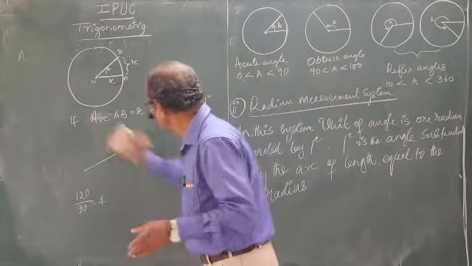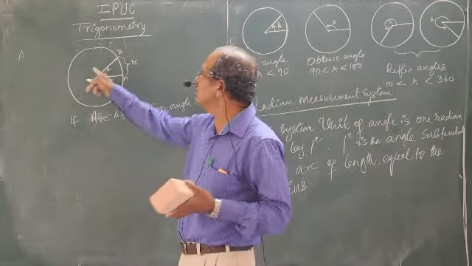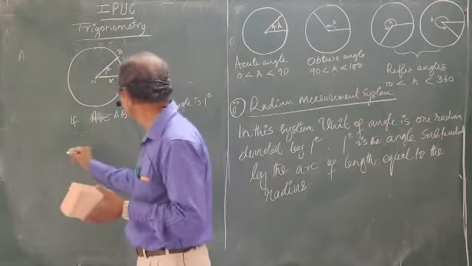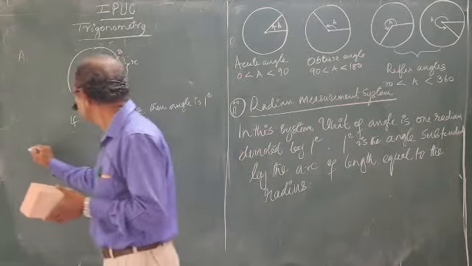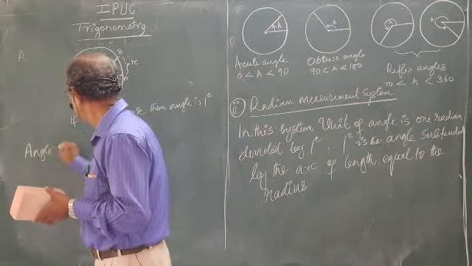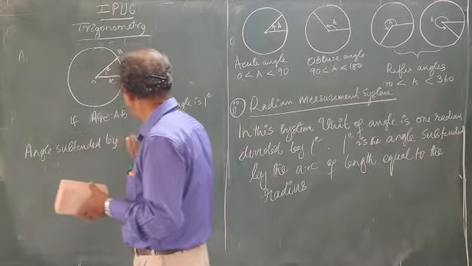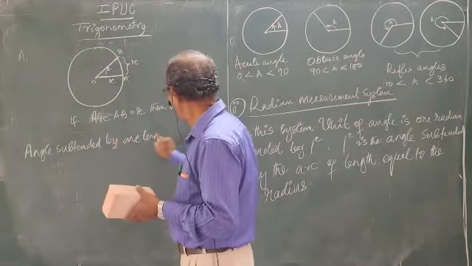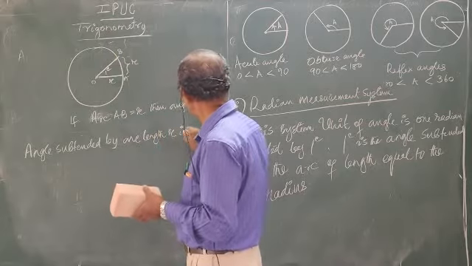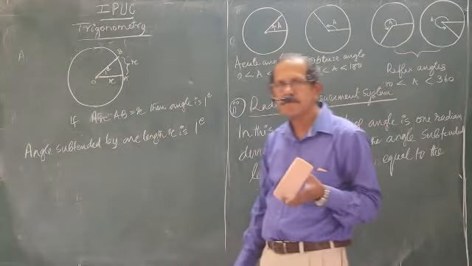See, just how to derive from this. Let me do it like this. Angle subtended by arc length r is 1 radian, correct, no?